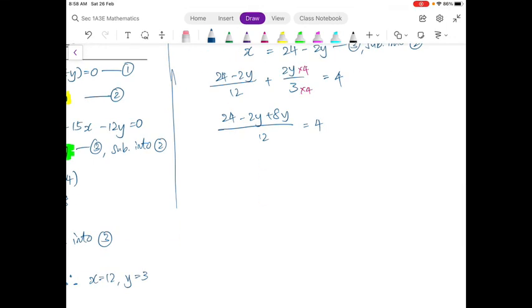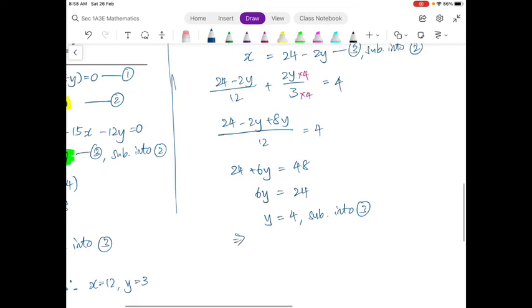So this implies that 24 plus 6y equals to 48. And 6y has to be equal to 24. Y will be equal to 4. Sub into equation number 3. So x will have a value of 24 minus 2 times of 4, which is 24 minus 8, we get 16. So in summary, x is 16 and y is 4.